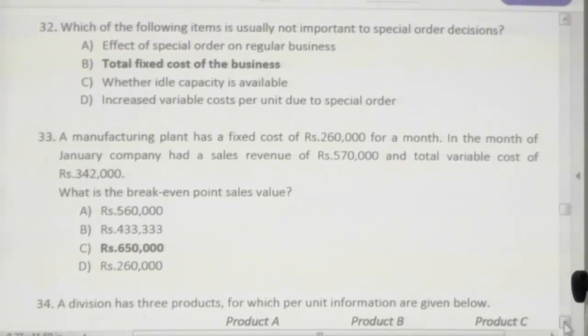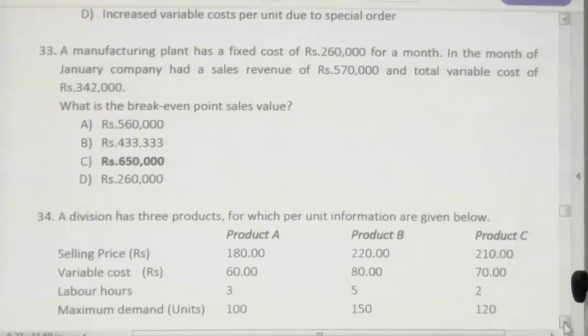It has to be considered. Increase in variable cost per unit: yes, it is very important. Sometimes a special order will have a separate variable cost compared to the existing production. Therefore, the answer is B. Fixed cost is not a relevant matter when you are accepting a special order.